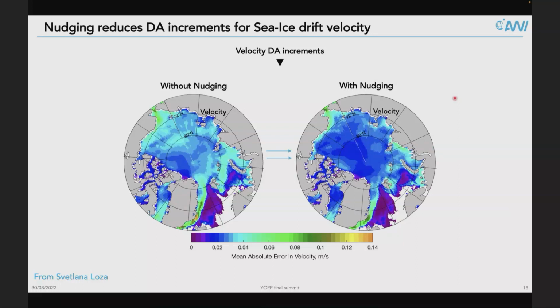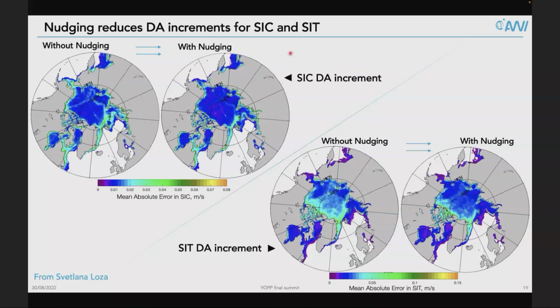That means that the data assimilation has to provide less effort at each assimilation time step. And we can also see this effect not only in the sea ice velocity, but also in the sea ice concentration and in the sea ice thickness fields.